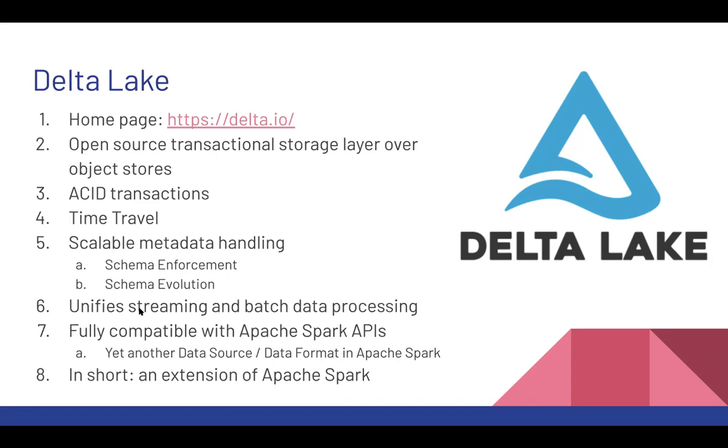So for many people looking at Delta Lake, it just opens new doors to new features that are not available in Apache Spark, but because Delta Lake extends what's available in Spark in Spark-compatible ways, it's kind of like part of Spark.